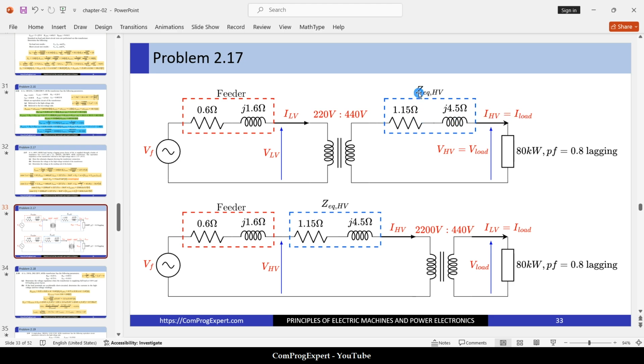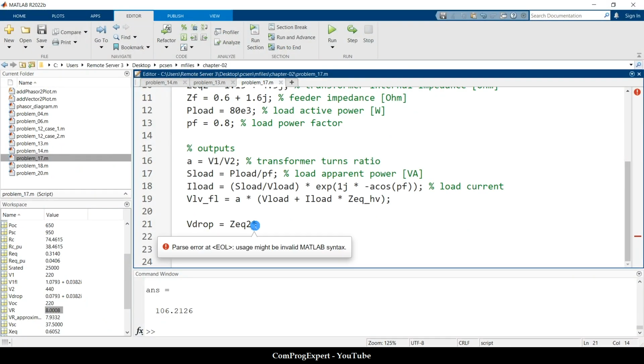Z equivalent times this current is the voltage drop here, and the voltage that we have here is this voltage drop plus the load voltage. So this is times the load current plus the V load. V load is equal to this one.